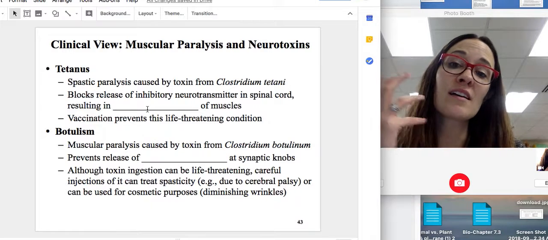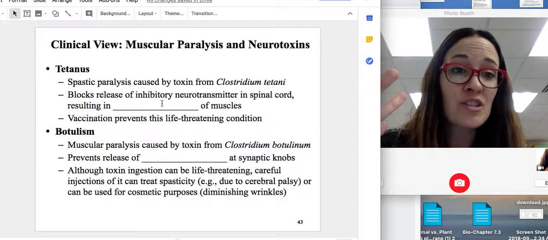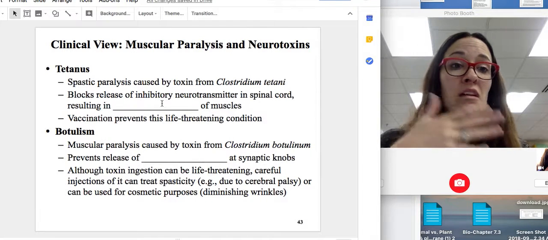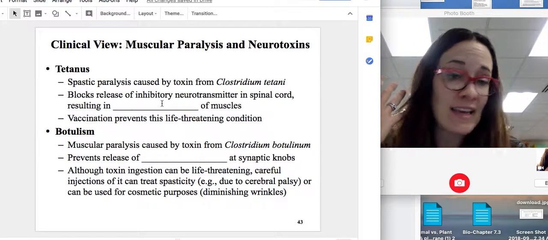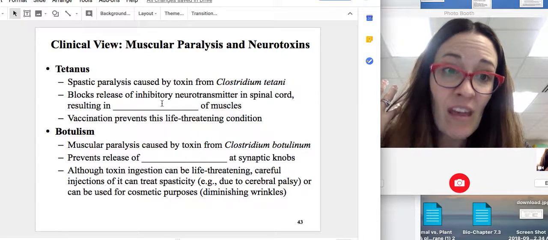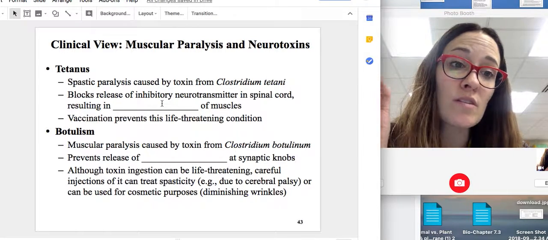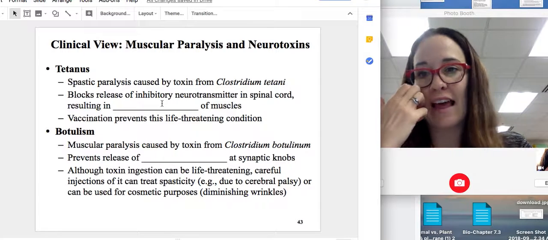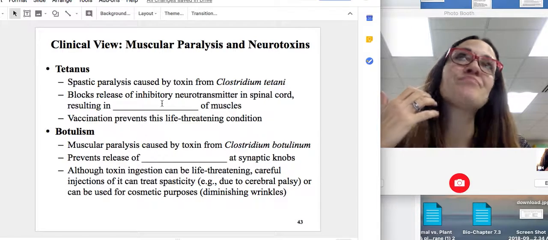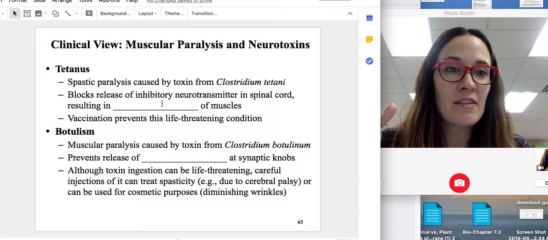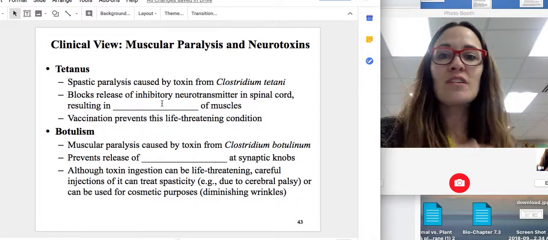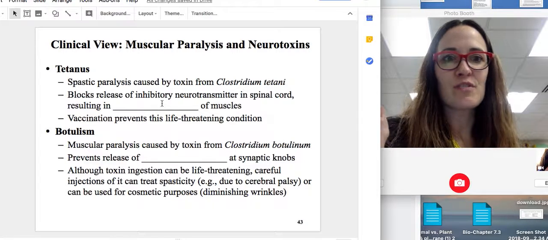That's going to cause complete contraction of muscles. So essentially, non-stop access to calcium. The body's in a continual state of contraction. The muscles aren't allowed to relax. If you've heard of the term rigor mortis, where a body goes stiff, essentially that's tetanus to the extreme.